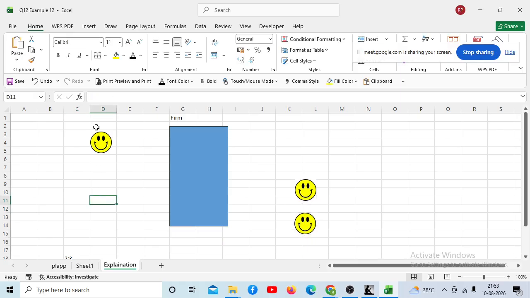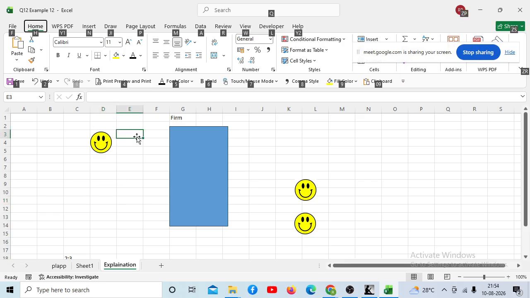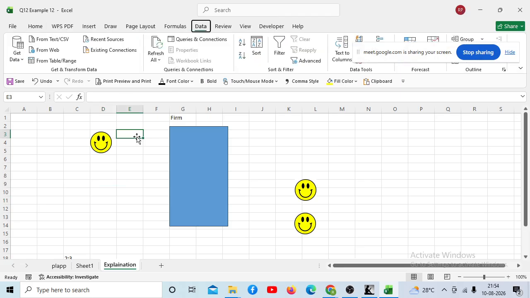Now suppose this fellow is Manish and the firm is going to pay salary to him. Now you tell me from the firm's point of view whether this salary is income or expense for the firm. Expense. So can I say expense is increasing?